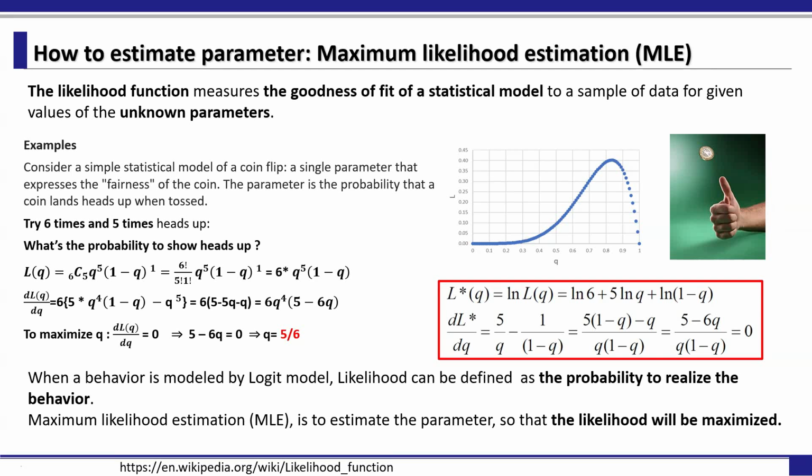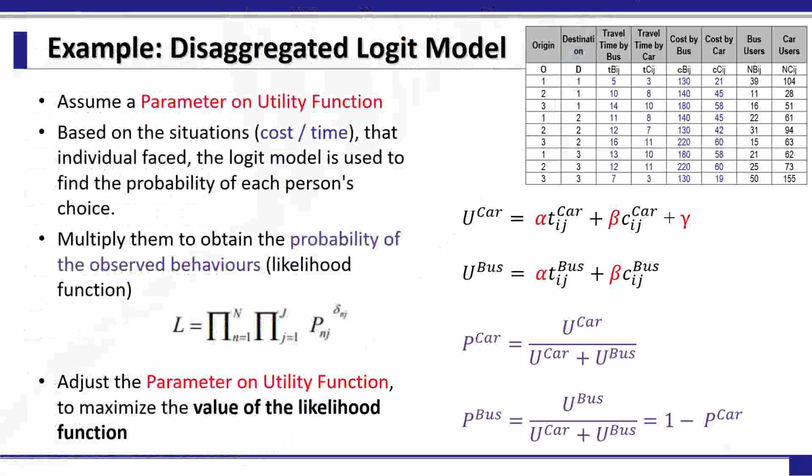The parameters of the logit models, the disaggregated logit models, were developed. The same goes for the parameters of the utility functions, such as travel time and travel cost.